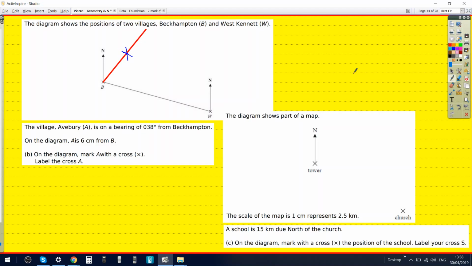So 15. So 1 centimeter is 2.5. So it'd be 15 divided by 2.5.